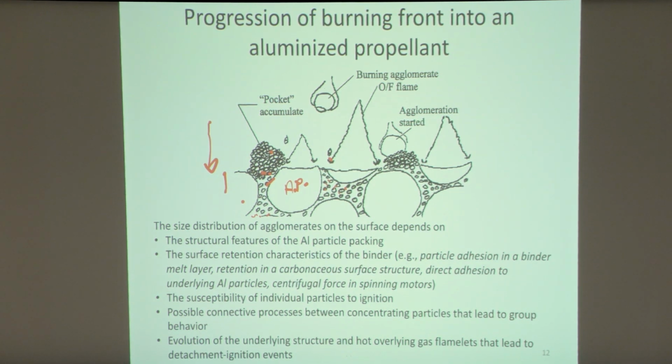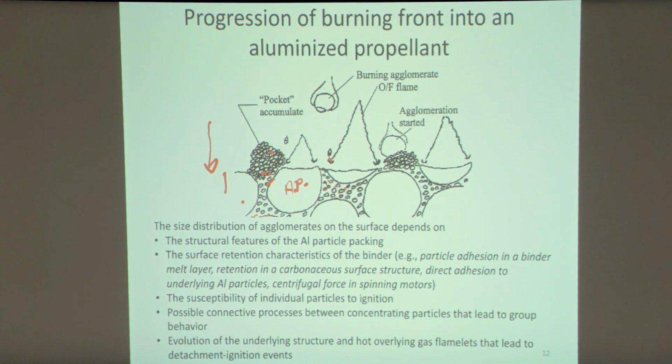and then it basically gets carried away by the convective gases. So I note here that the size distribution of agglomerates on the surface depends on the structural features of the aluminum particle packing, the surface retention characteristics of the binder, for example, particle adhesion in a binder melt layer, retention in a carbonaceous surface structure, direct adhesion to the underlying aluminum particles, centrifugal forces in spinning motors, the susceptibility of individual particles to ignition, possible connective processes between the concentrating particles that lead to group behavior, and the evolution of the underlying structure in the hot overlying gas flamelets that lead to detachment and ignition events.